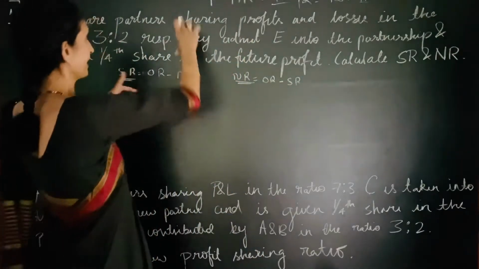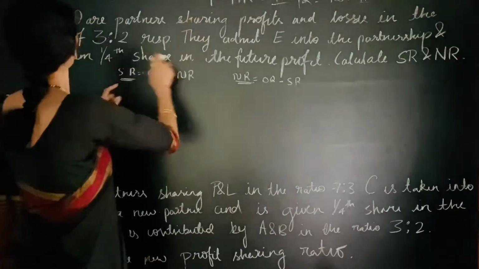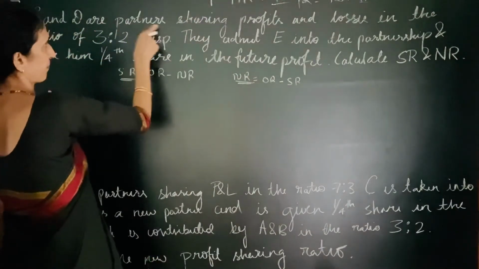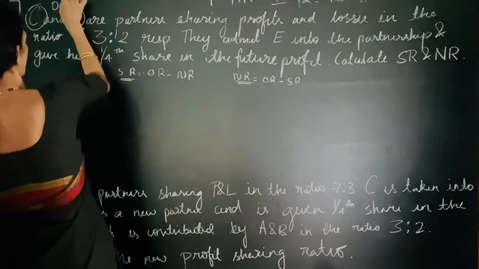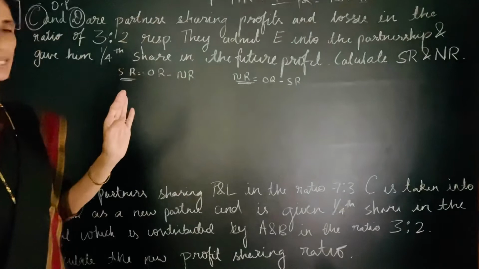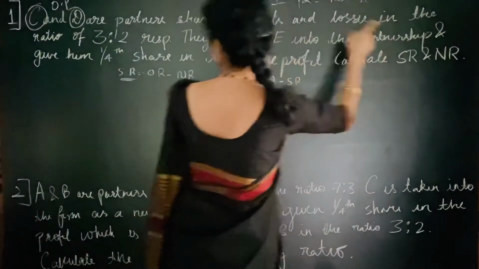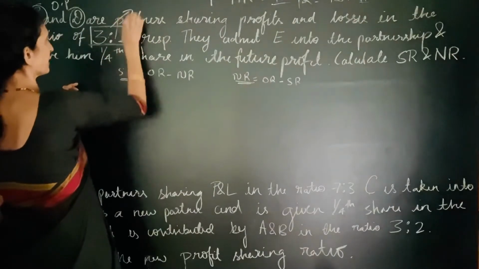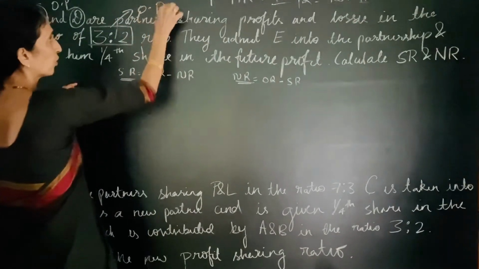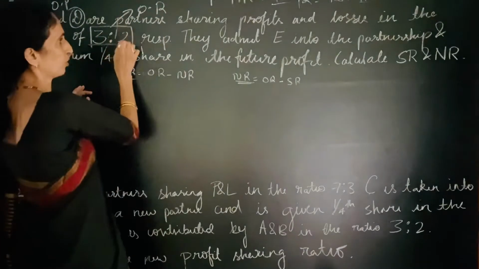Here I have written one problem. First we have to analyze the problem. C and D are partners. So C and D are old partners. It is important: C and D are old partners sharing profit and losses in the ratio of 3:2. This 3:2 is the old partners' old ratio.